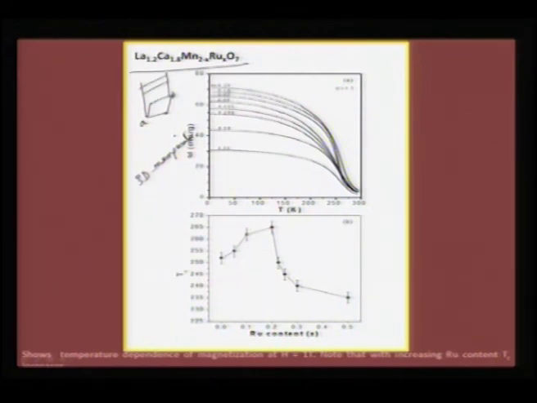Along the C axis it is not magnetically ordered. So, this is called a 2-dimensional manganite, where magnetism is confined only in 2 dimensions.